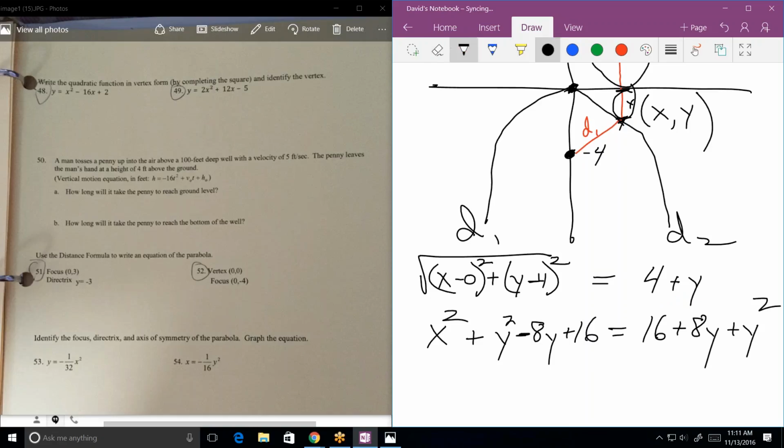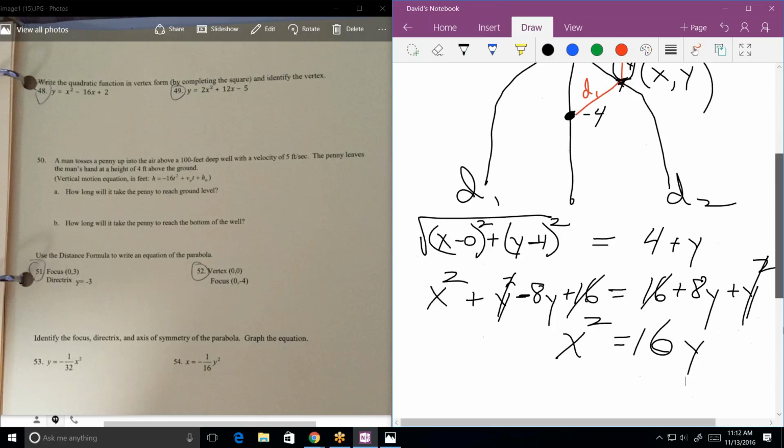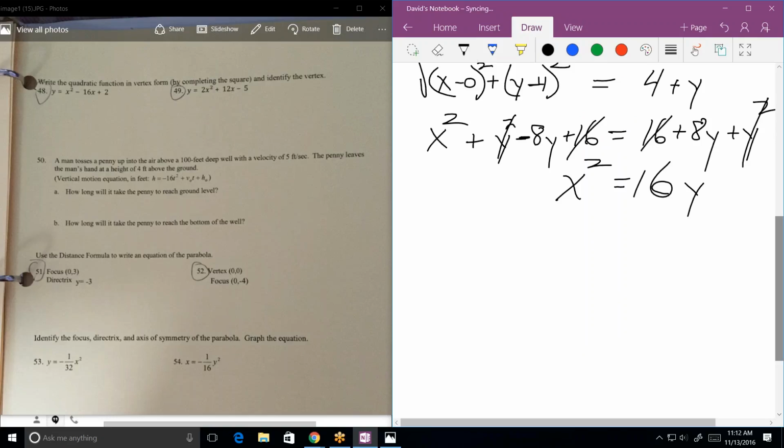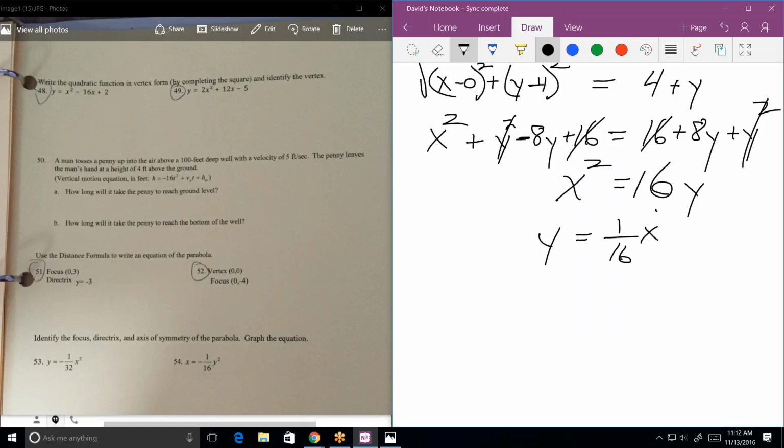But if I do it properly, now the y squareds cancel, the 16s cancel, move the 8y over, and you have x squared equals 16y. And if the teacher wants you to put that in a different format, you could certainly say y equals 1/16 x squared.